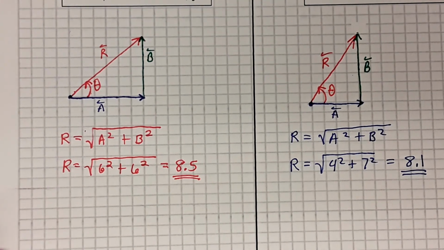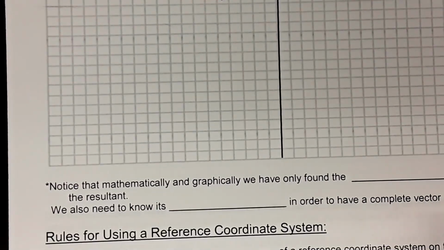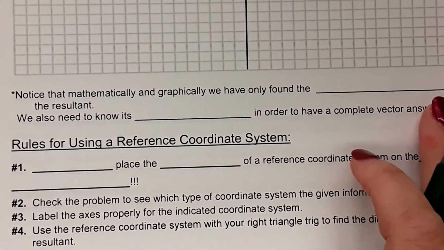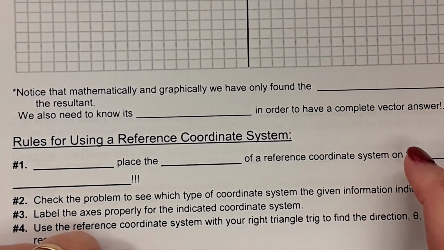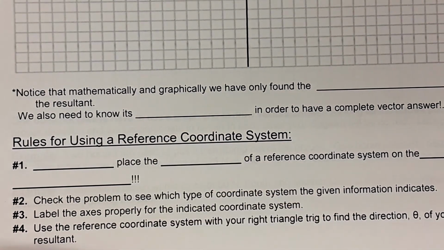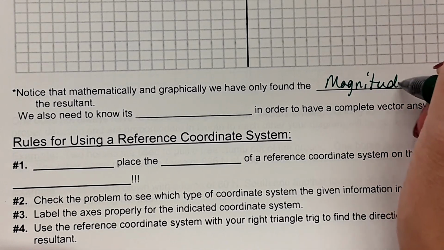All right, so just for a brief minute, I want to talk about how we're going to reference these angles for the actual direction, not just a measure of arc, but how do we state what that direction of arc is for us. So we've only found the magnitudes right now, and that's fine.